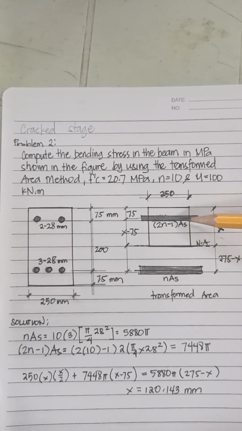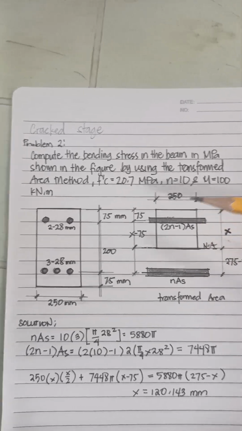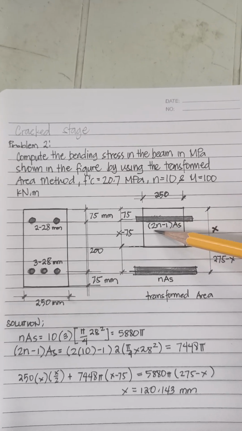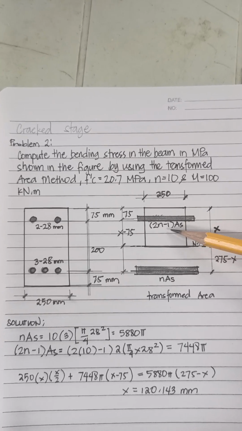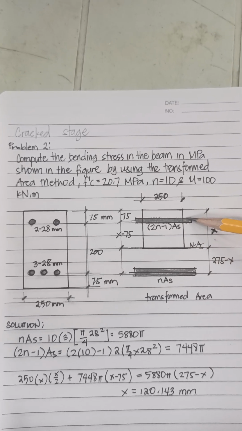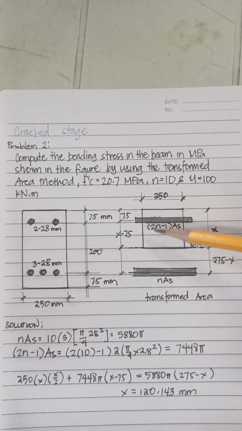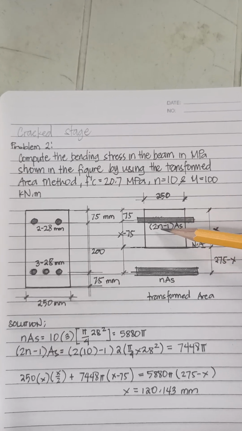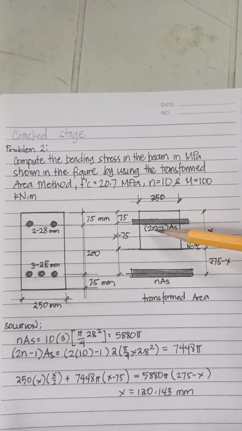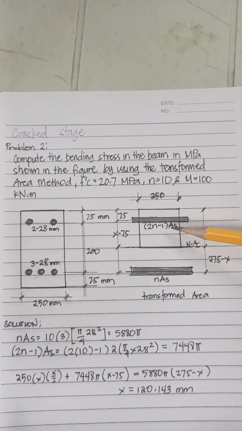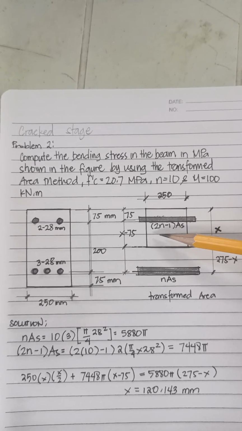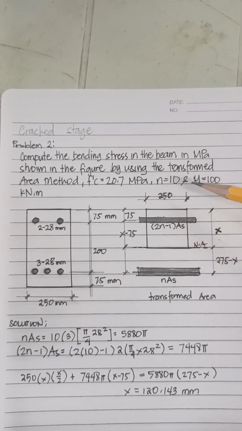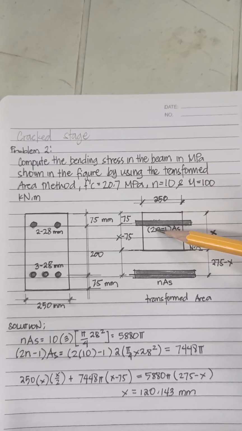The new formula that we're going to use here, for a doubly reinforced beam, is that the steel on the compression side will have a formula of (2n minus 1) times As. So, why 2n?